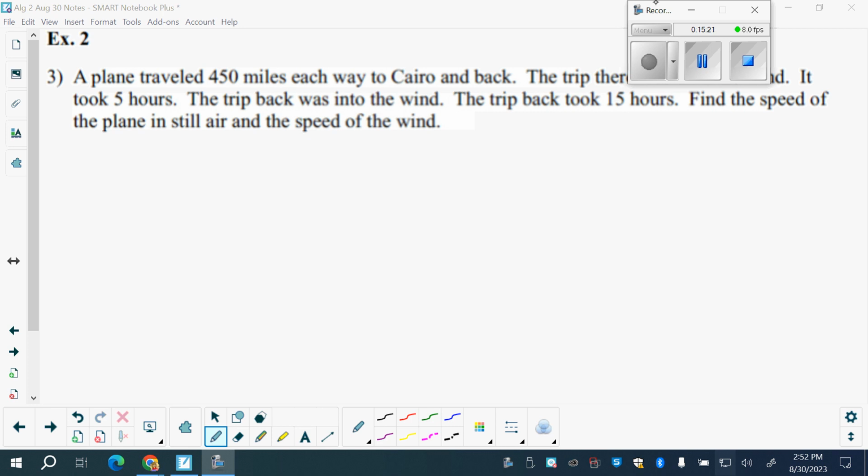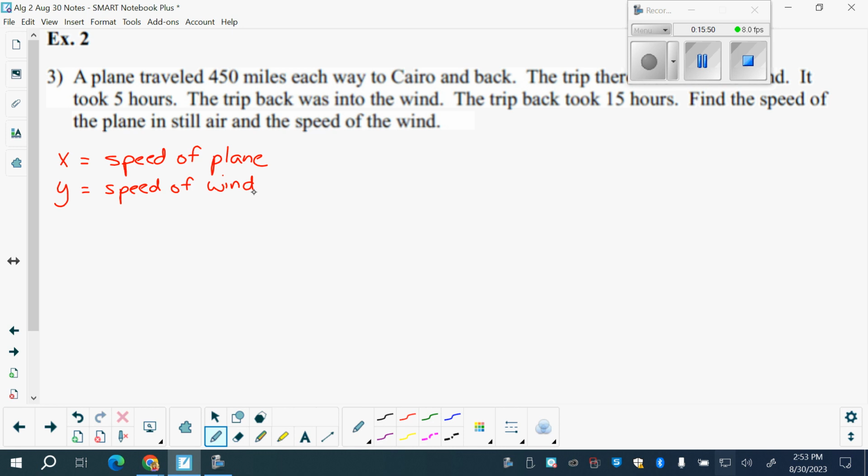So that last sentence again is what we want to find. So x is the speed of the plane, and we can make y the speed of the wind. We can do w, whatever you want to do. This one's different. We're going to have to use a formula. Any idea what formula?